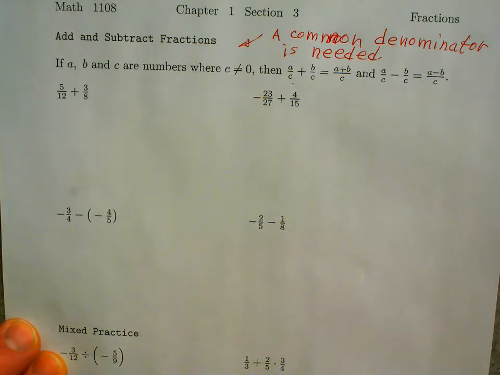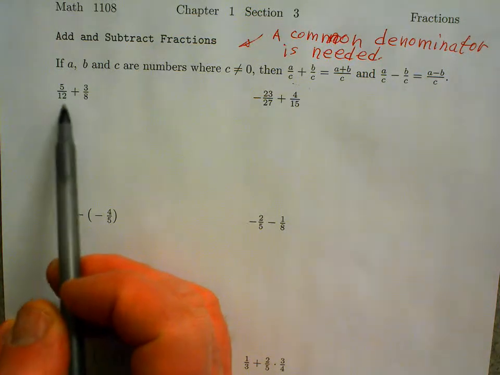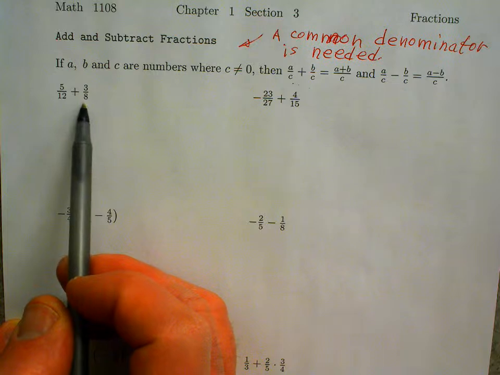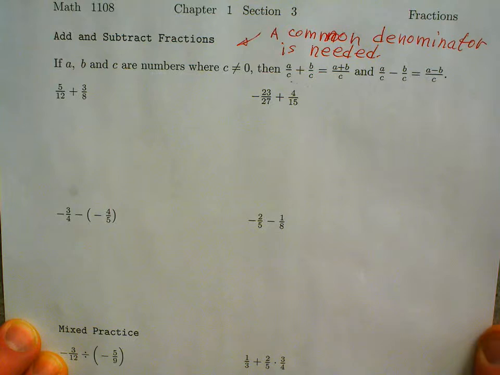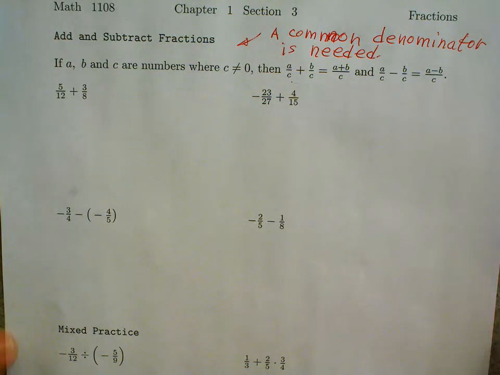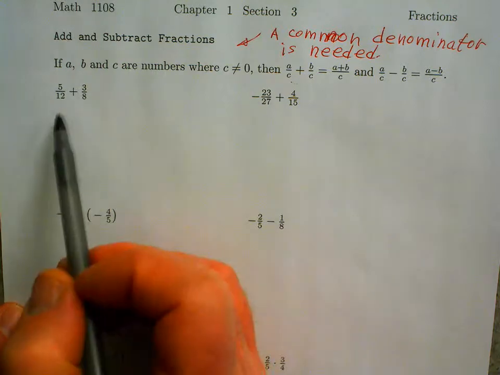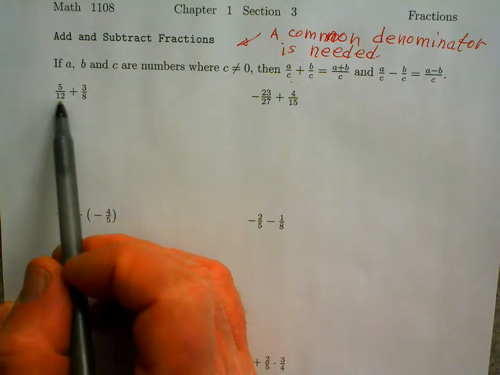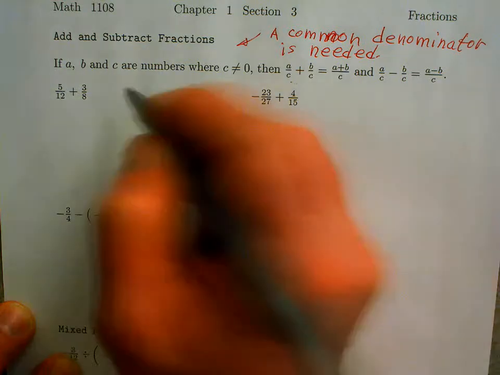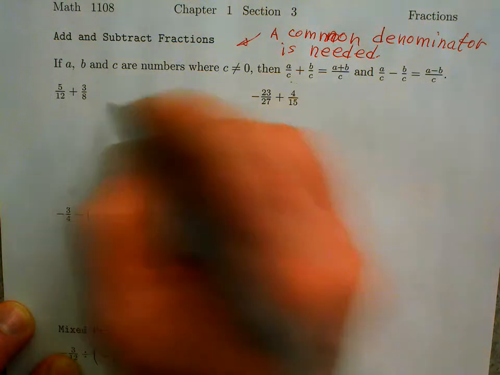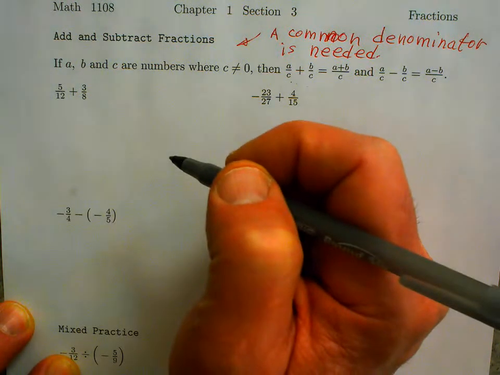So if you're starting out with a sum of fractions where the fractions don't have a common denominator, you have to find equivalent fractions with the same denominator, and then you can add the fractions. So in this one, the two denominators are 12 and 8. So we want to find a common multiple of 12 and 8.